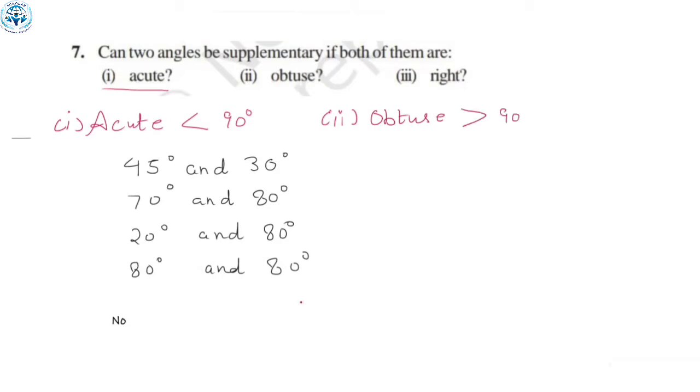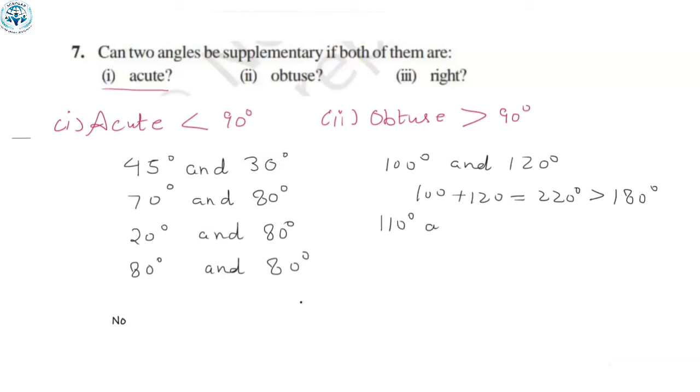Now find out the obtuse. Obtuse angles are those which are greater than 90 degree. Let's say 100 degree and 120 degree. Both are greater than 90 degree. If we find the sum of these two angles, the sum is 220 degree, which is greater than 180 degree.